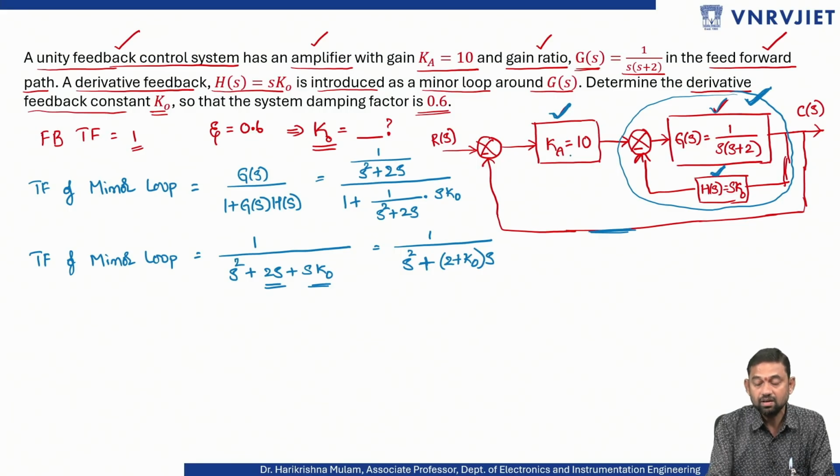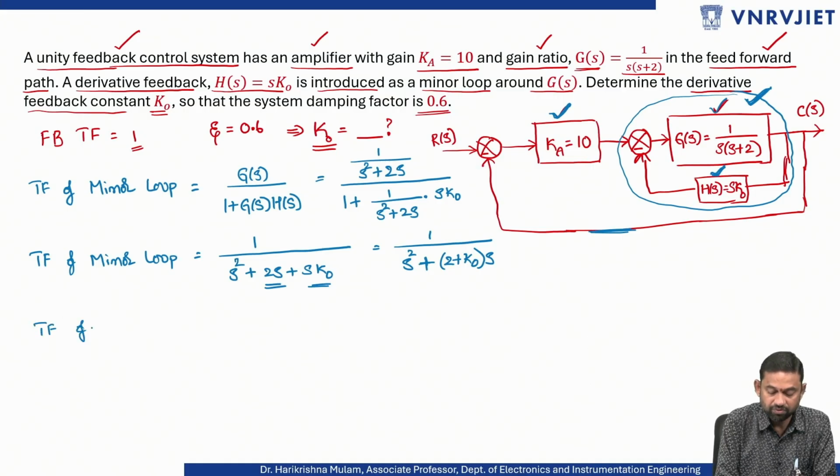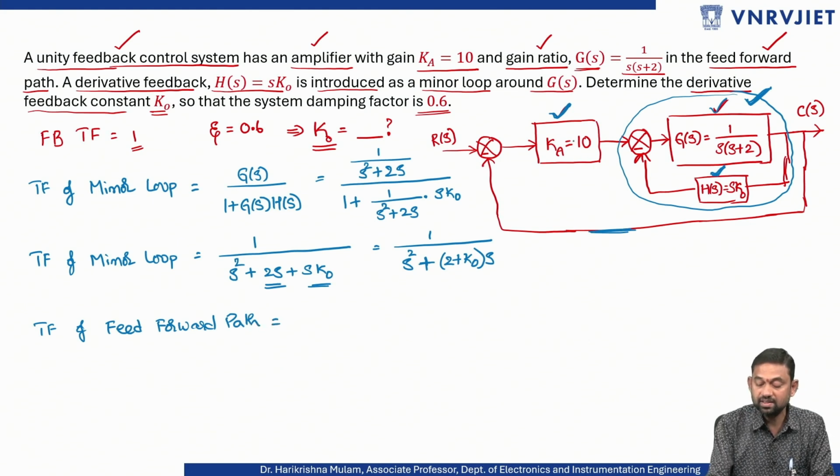This transfer function is in series with this amplifier, which has a gain of 10. Therefore, the transfer function of the feed forward path of this system is simply this amplifier in series with this entire minor loop.